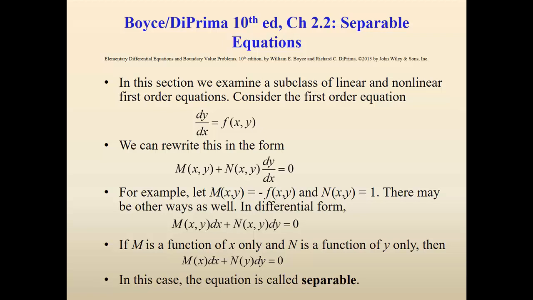The subject boils down to the idea that for some differential equations, it is possible to separate the variables to a dy or a dx. So all the y's on one side of the equal sign and all the x's on another side. Another thing to note is that they must be multiplied by their proper differential.